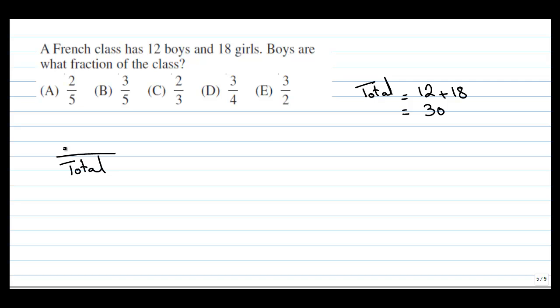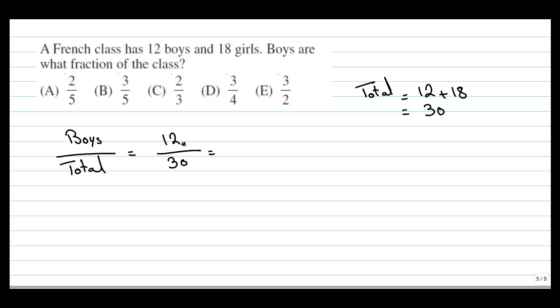We divide by the total, and up here you write the number of boys. So the fraction would be 12 boys over the total 30. That's why I calculated the total from the beginning. Now if you check the 5 choices that you have, you will not find this answer, 12 over 30.